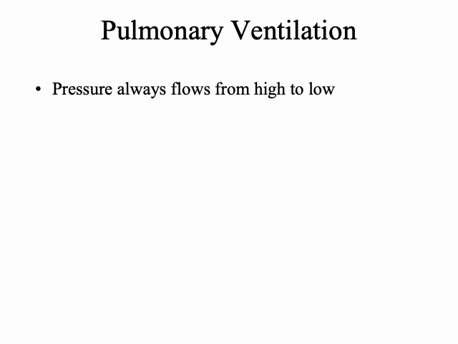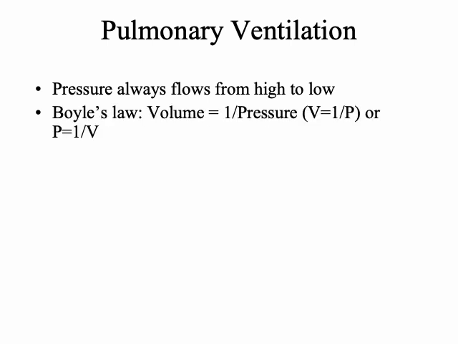And the first is that air always flows from high air pressure to low air pressure. It's just a law of the universe. It just flows down its pressure gradient. And we're going to take advantage of airflow. Of course, you're flowing air in as you inspire, you're flowing air out as you expire. But how you're doing that is not creating pressure gradients. You're producing changes in volume of your chest. And as your volume changes, there is an inverse relationship to pressure.